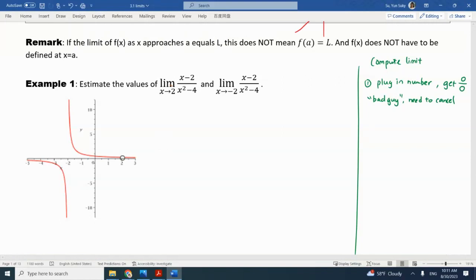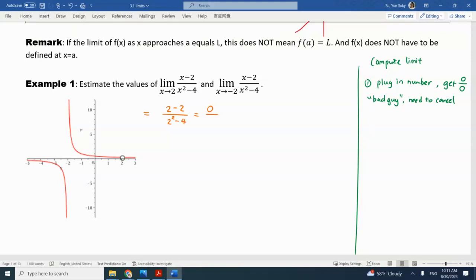All right, so here, x goes to 2. Let's try to plug in 2. When we plug in 2, do you see the numerator? We get 2 minus 2. Denominator, we get 2 squared minus 4. What's 2 minus 2? 0.